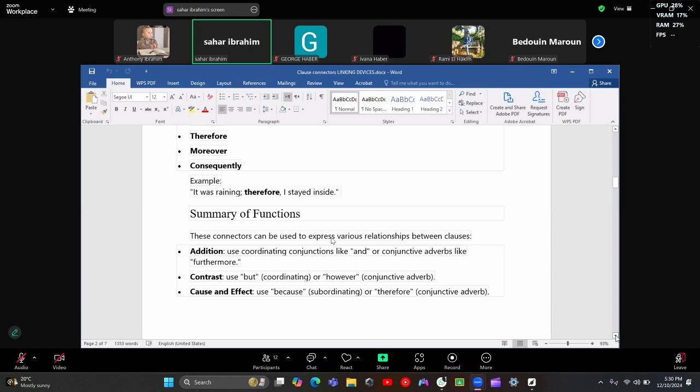When we use otherwise, have you used otherwise before? What does it mean? How can we replace it by a coordinator? Which coordinator means otherwise? Among the fanboys, there's a coordinator that means otherwise.